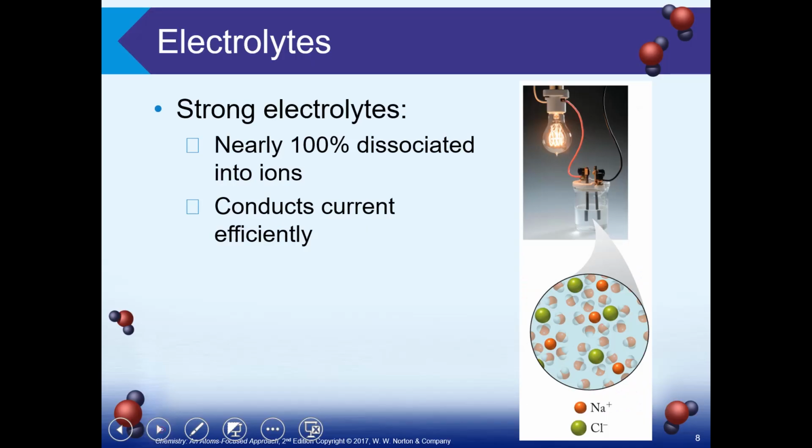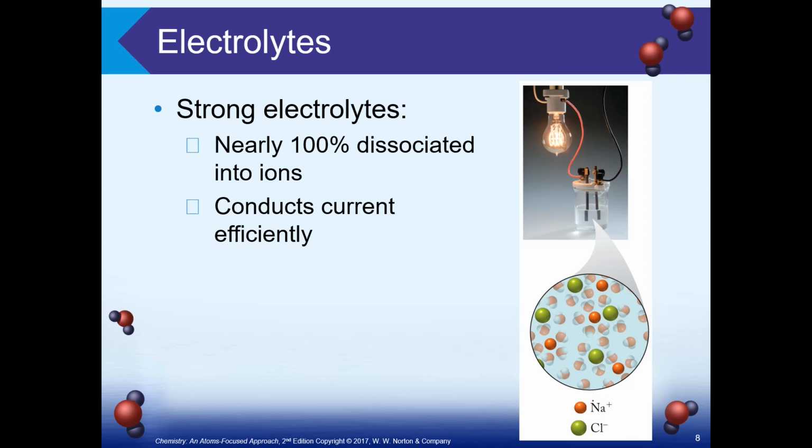So if we define strong electrolytes, they dissociate nearly 100% into ions. Not quite 100%, because very little, if anything, is actually 100% dissociated. But fairly close, 98-99%. And they conduct electricity or current efficiently.